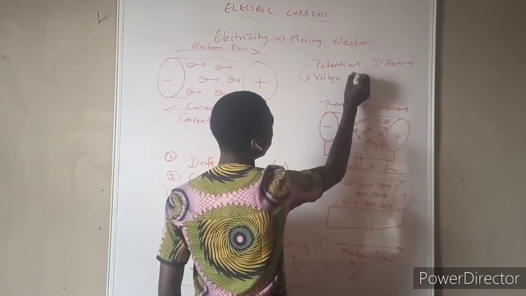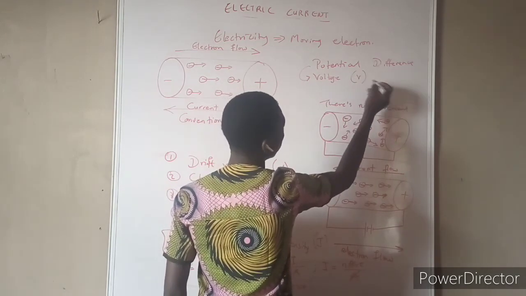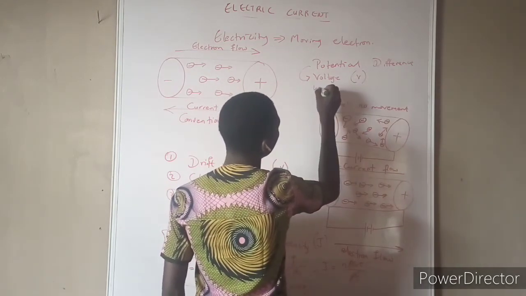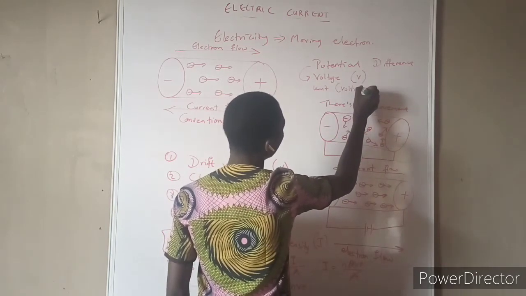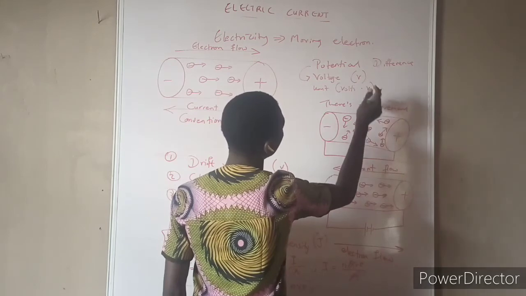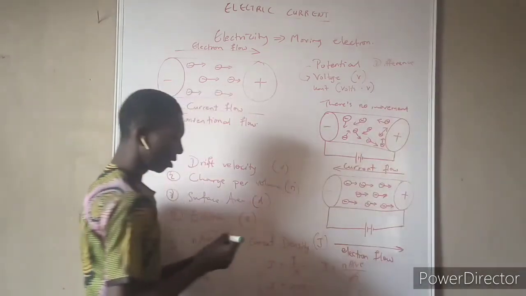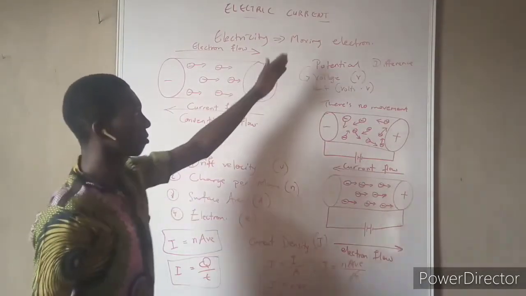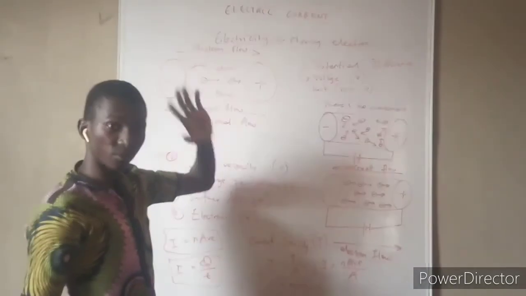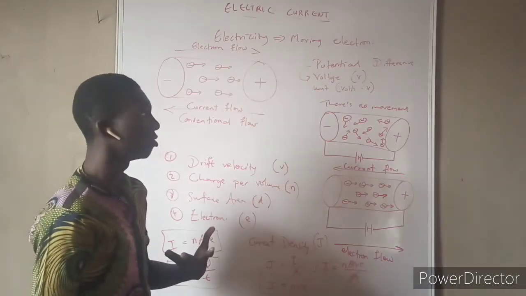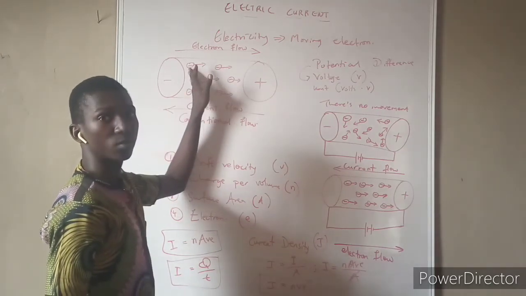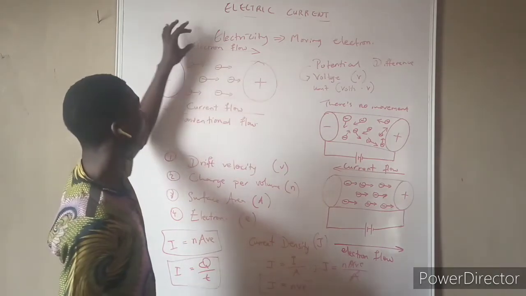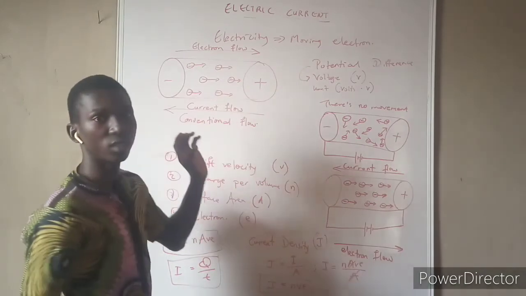The voltage is represented with a V, and the unit is volts, also a V. So potential difference is the force that is responsible for the movement of electrons in the metallic conductor for the production of electric current.